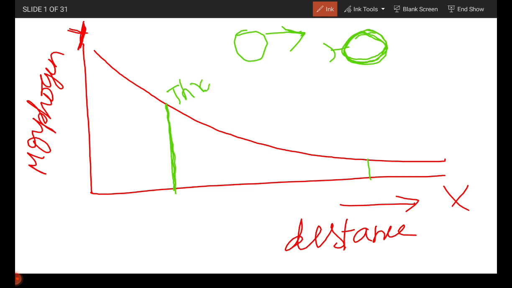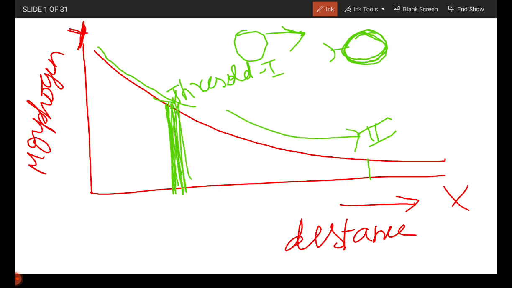So this threshold level should be crossed by the morphogenic gradient, threshold 1 and threshold 2. These are the two threshold levels. This morphogen should cross these threshold levels. Only then can it give rise to the desired function at the receiver end.